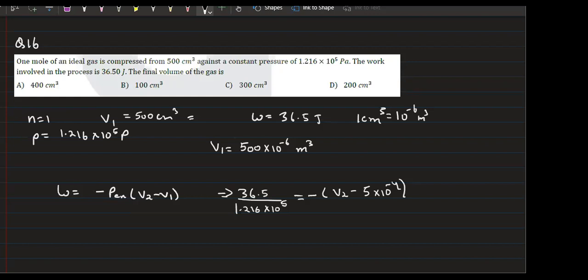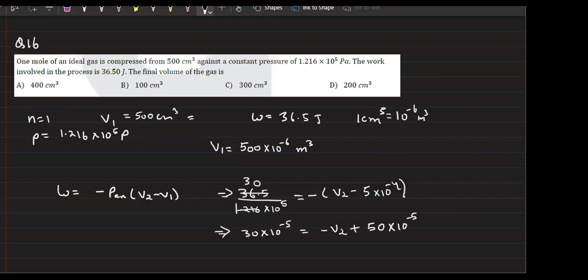Is there any issue in this? Because it is just calculation. If you see this, 1.2, 3.6, it is actually 30 times. So this is actually 30 into 10 power minus 5, and this is equal to minus V2 plus 50 into 10 power minus 5.